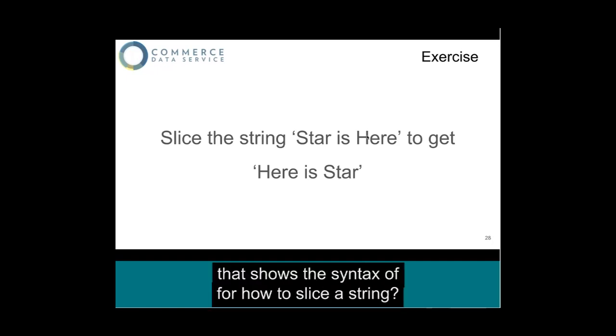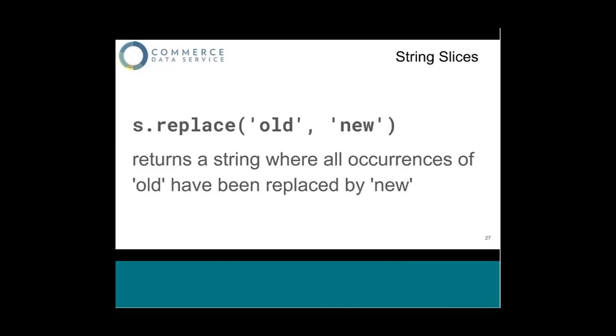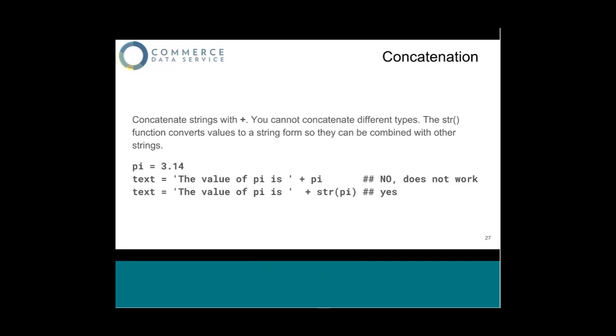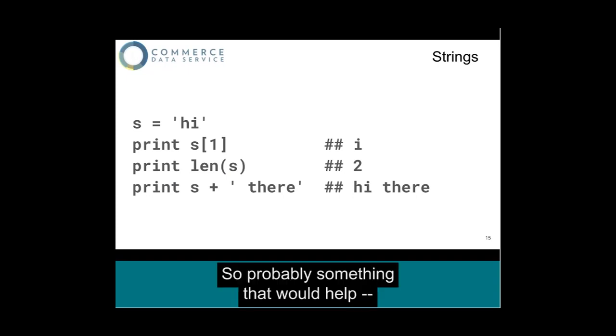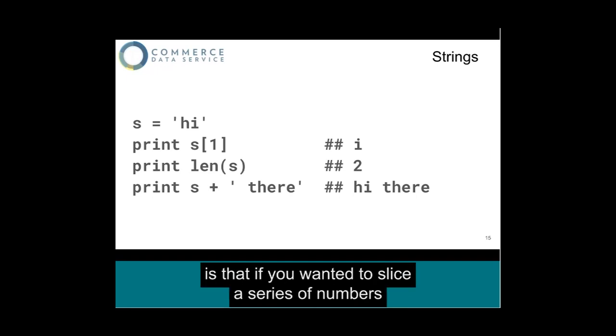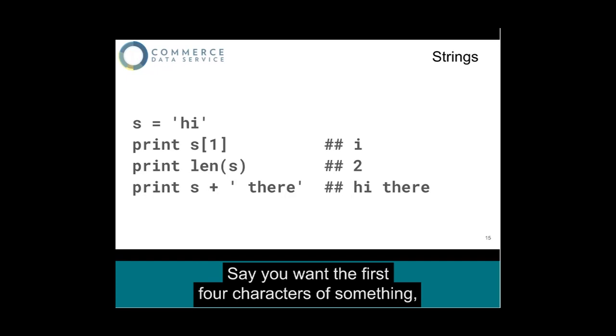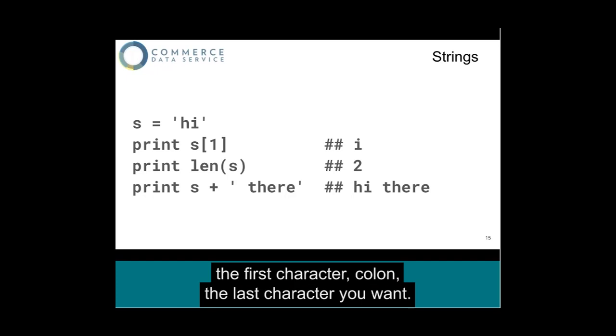Can you go back to the slide that shows the syntax for how to slice a string? Yeah. So probably something that would help, and I just noticed that I forgot to put it in here, is that if you wanted to slice a sequence of characters, say you want the first 4 characters or something, you would do in square brackets the first character, colon, the last character you want.